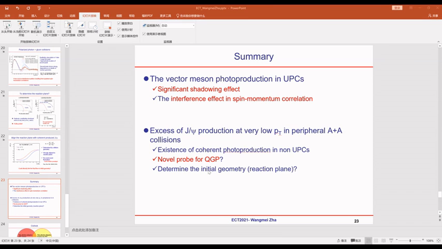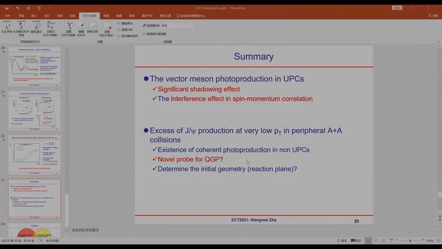But first we need to confirm that there is this cosine 2 phi for J/psi, even in UPC and also in non-UPC hadronic collisions, and then we can utilize that to determine the initial geometry. Thank you. That's all for my presentation.